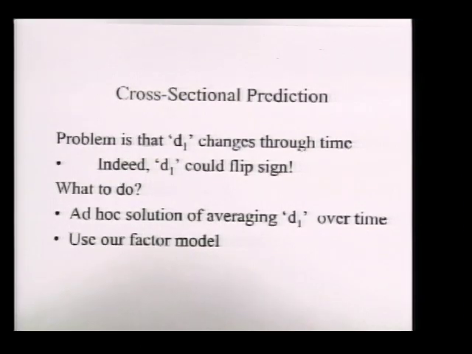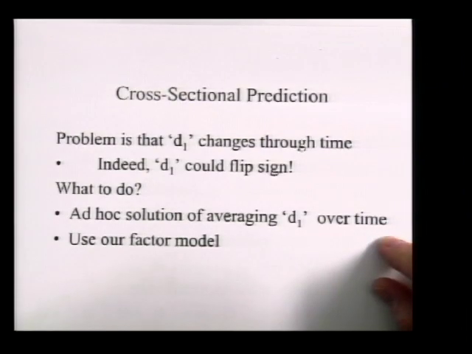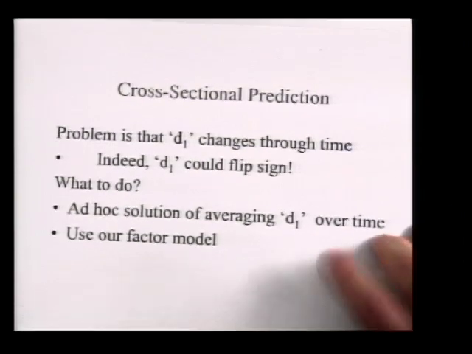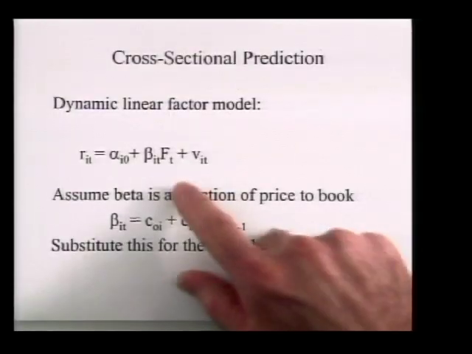Just take a moving average of the D1s. But that's not going to get rid of the problem. The other possible solution is to use our factor model methodology. So let's go through how to implement that. And this is just the same stuff that I put up last time. You should have this in your notes. This is a simple factor model.